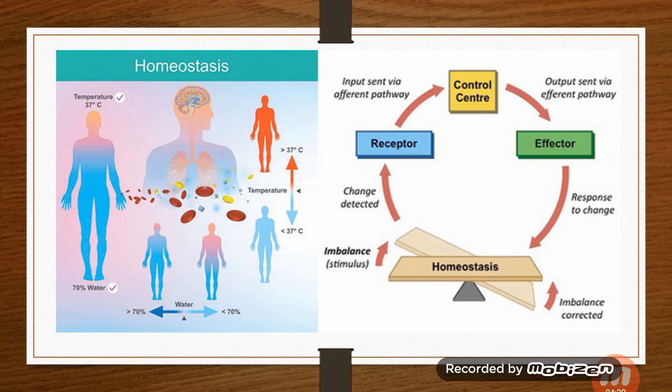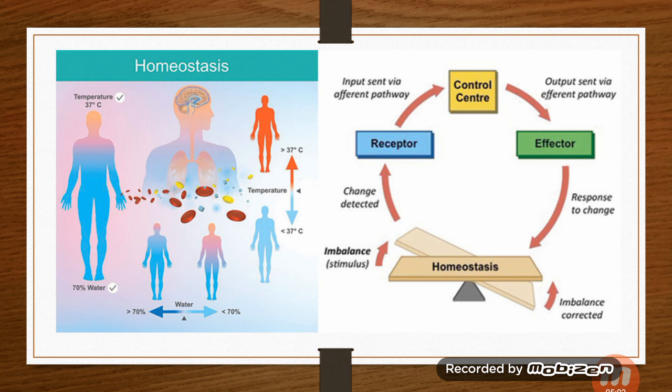Now in the picture you can see how homeostasis is maintained when some imbalance is felt by the body in the form of a stimulus. This change will be detected by the receptors or the sensors.